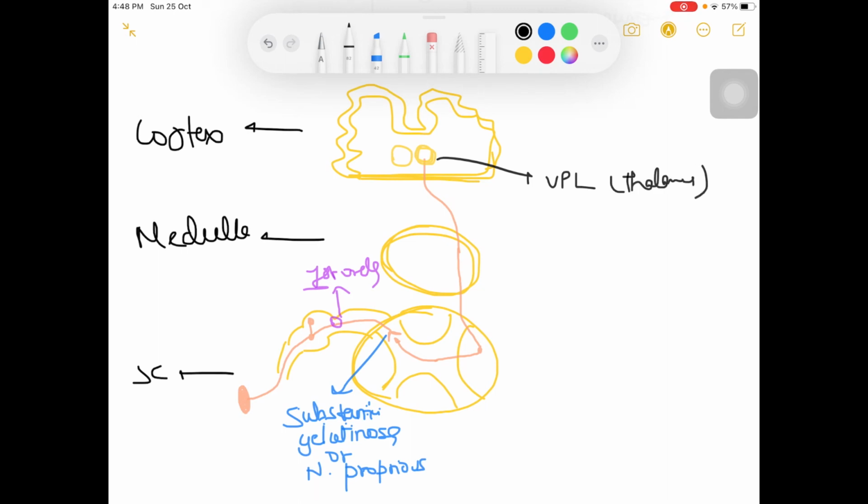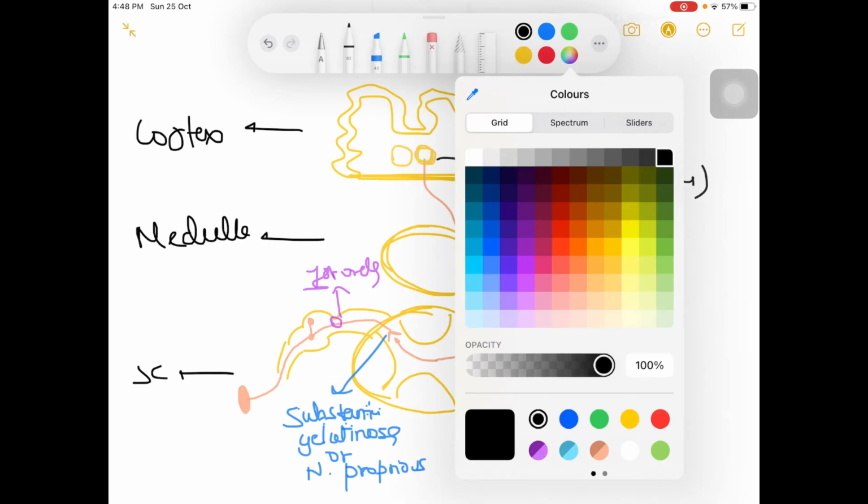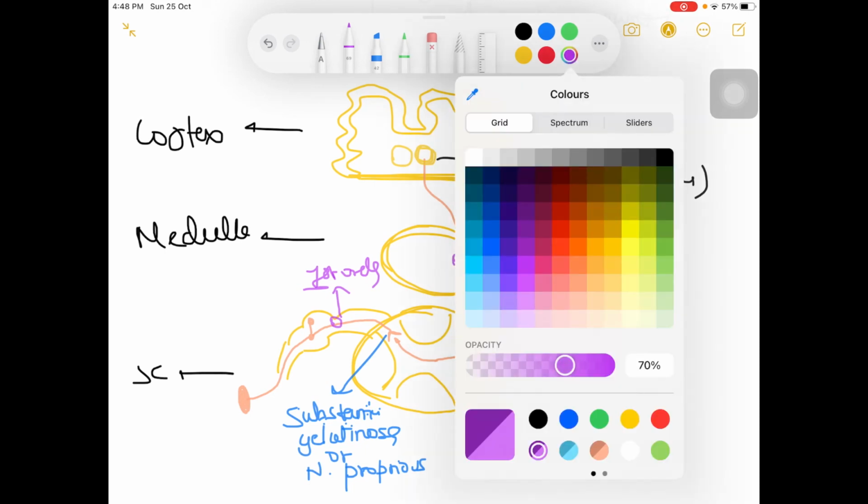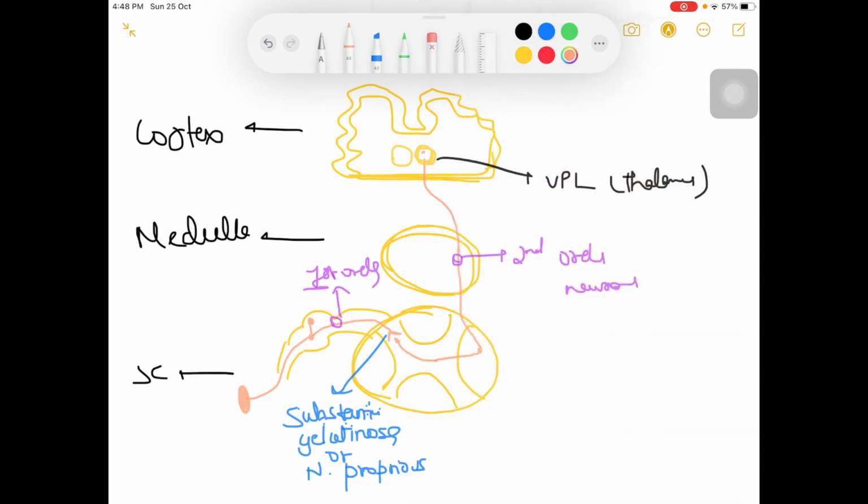And then again, decoded second order neurons. What are these? From the substantia gelatinosa to the thalamus, this is second order neurons. Now third order would start from the thalamus to the cortex, till somatosensory cortex, that is area 3, 1, 2 of Brodmann.